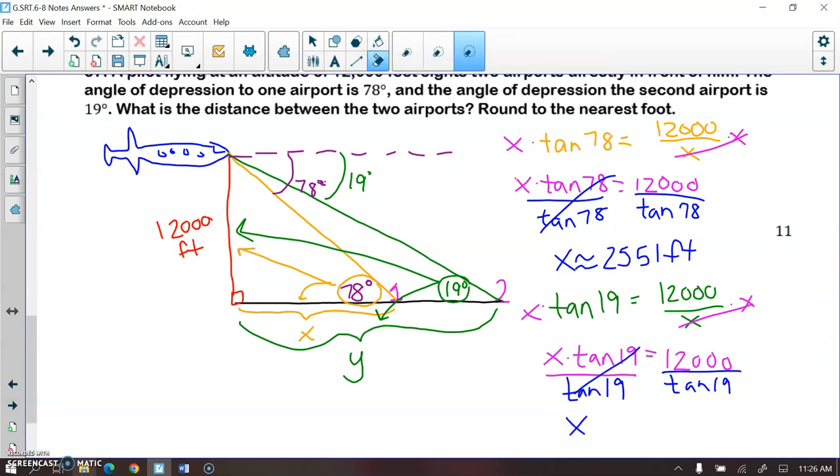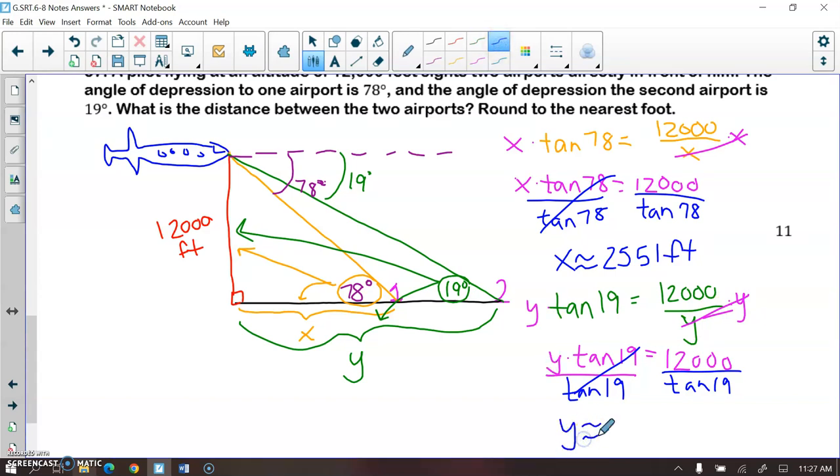And sorry, I should have used the variable y throughout. Rounding to the nearest foot, I wind up with the distance of 34,851.